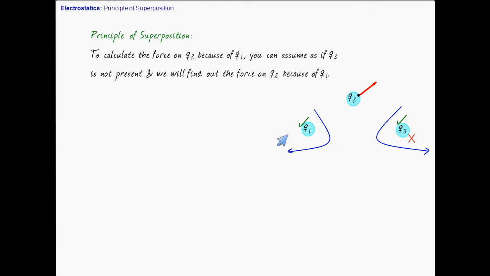Then the force on Q2 because of Q3 will be in this direction. Agree? The total force on Q2 is nothing but the vector sum of these 2 forces.